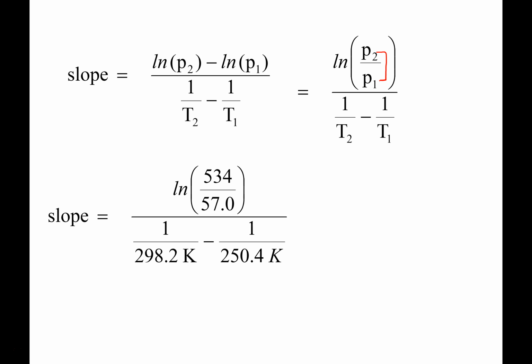I'm going to begin parentheses. I think I'm going to use my x to the minus 1 here. Try that. So 298.2 x to the minus 1 minus, that looks like it's going to work, 250.4 x to the minus 1, close parentheses.